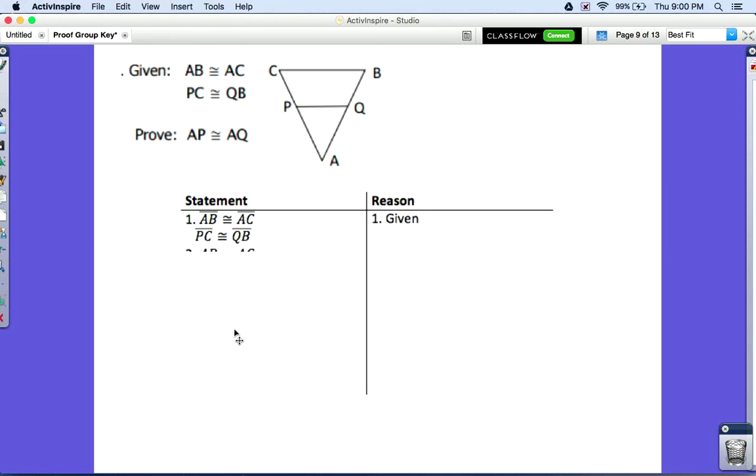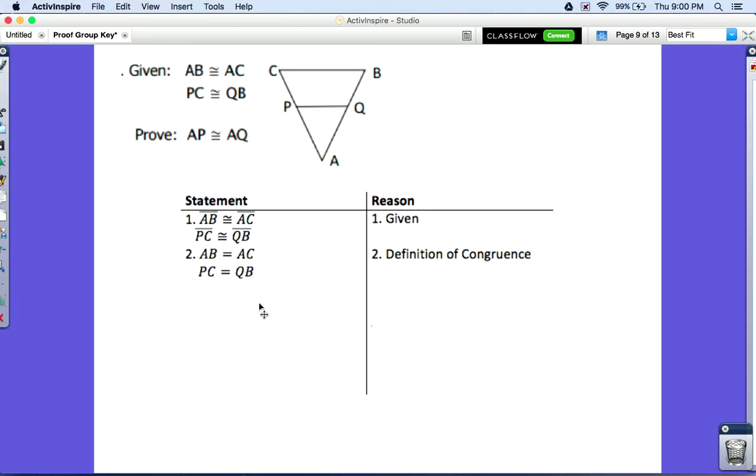And in this case, we're going to go from congruence to equality. So AB equals AC and PC equals QB by the definition of congruence. Now, once we have this, we can use addition, subtraction, multiplication, division. And so we should start thinking, as in most line segment proofs, that you probably are going to want to use segment addition.